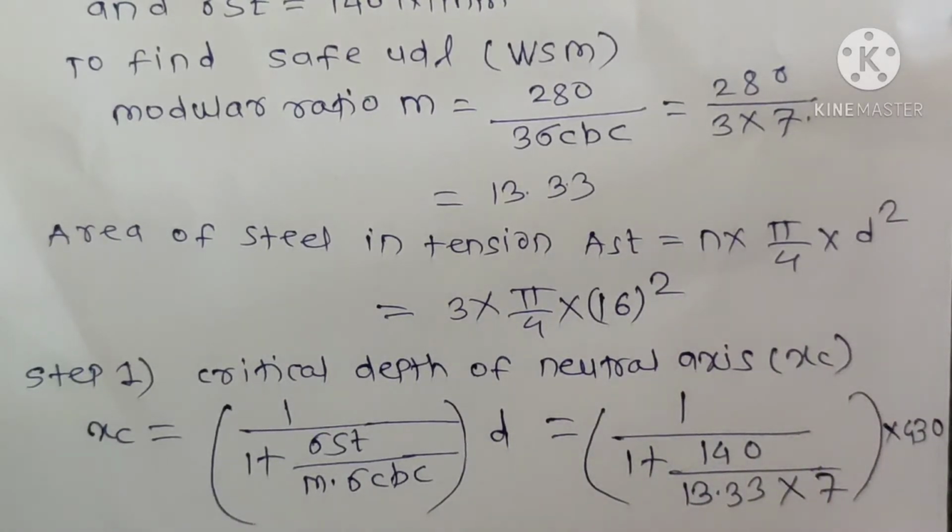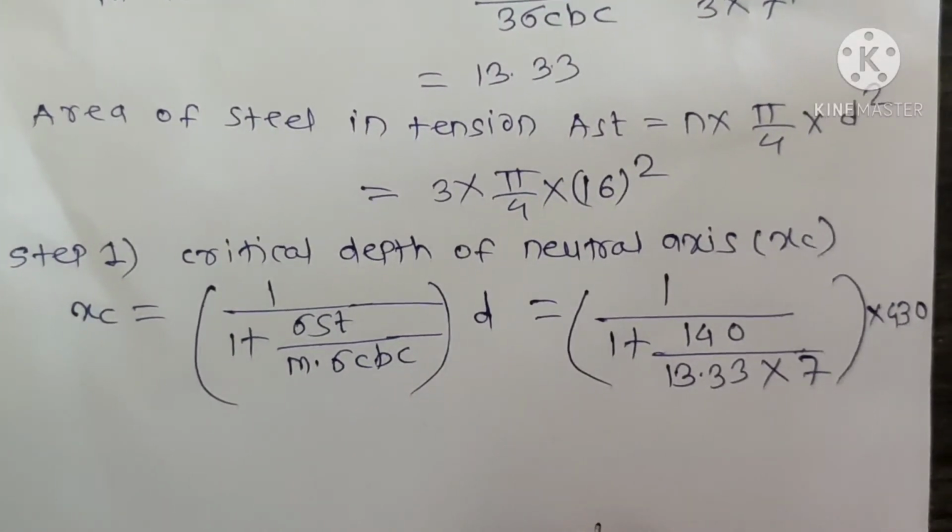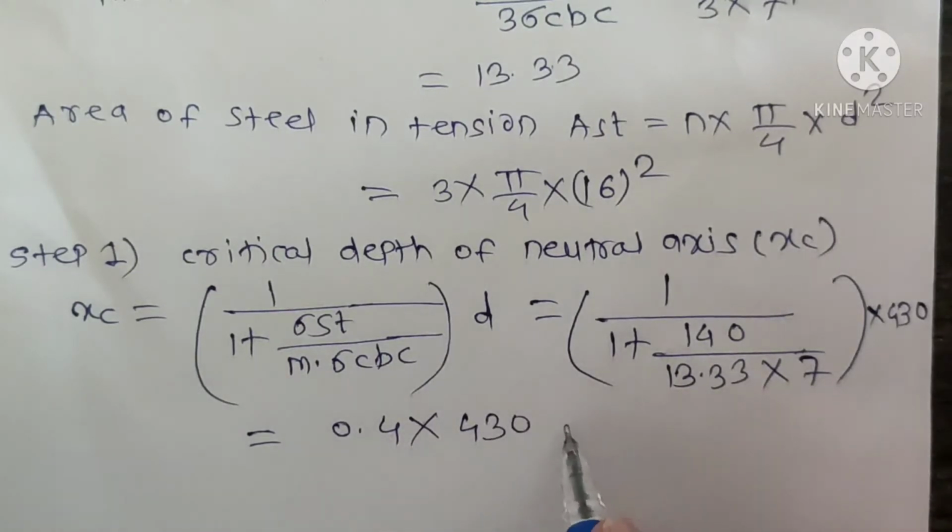Then calculate, it is equal to 0.4 into 430, we get 172 mm.